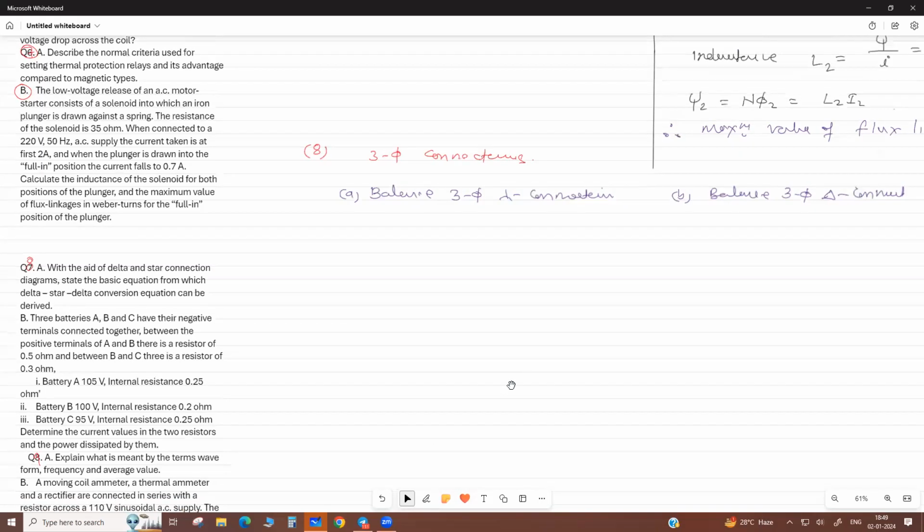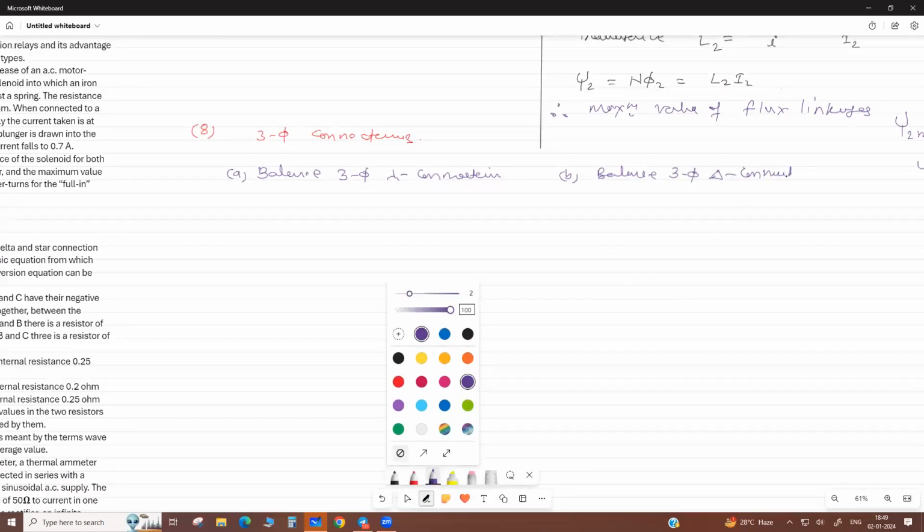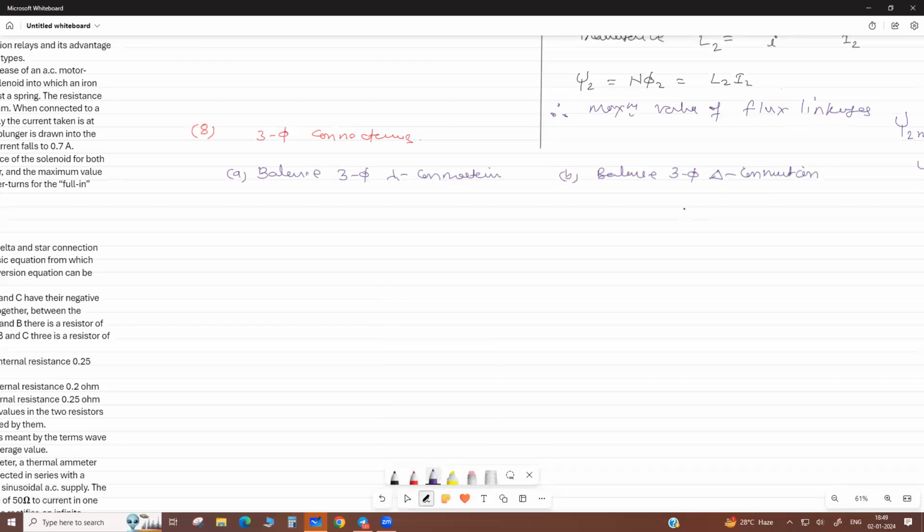Now write the basic equation. Actually, they are asking only the relation in voltage and current, but it is a 6 marks question. But people also write here the star delta conversion equation. They ask only the basic equation from which the star delta conversion equations are derived.